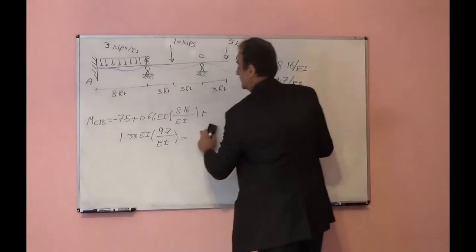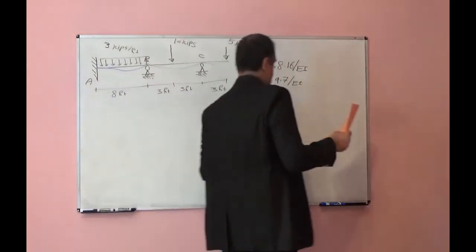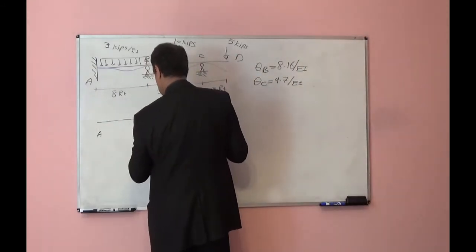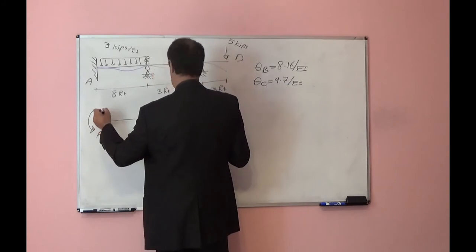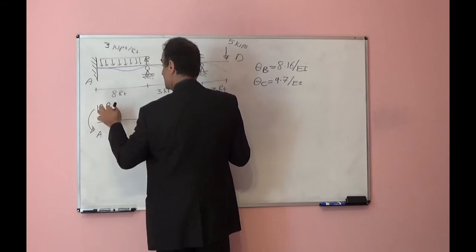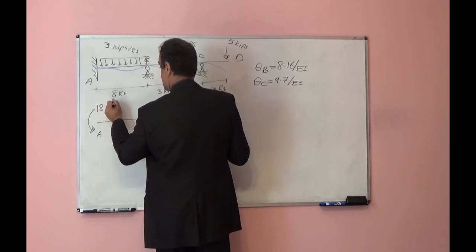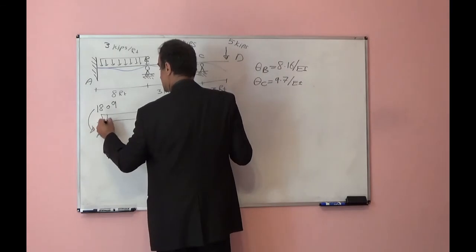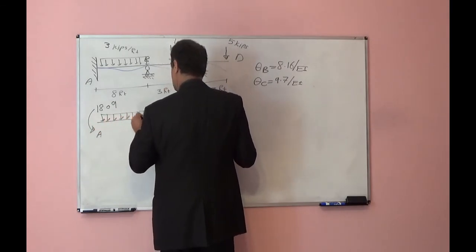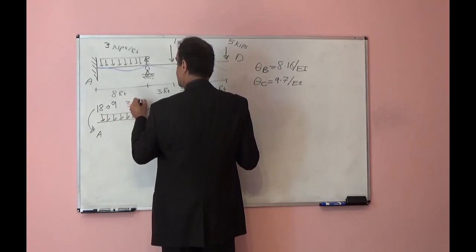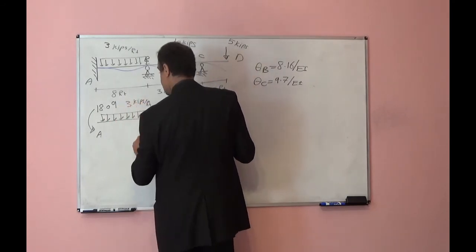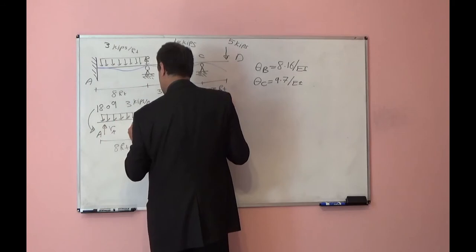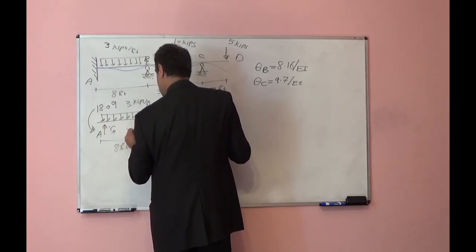So AB, here I will apply MAB, it is 18.09, this will be 11.9, distributed load 3 kips per feet, this is 8 feet, here you will have VA and here you will have VB left.